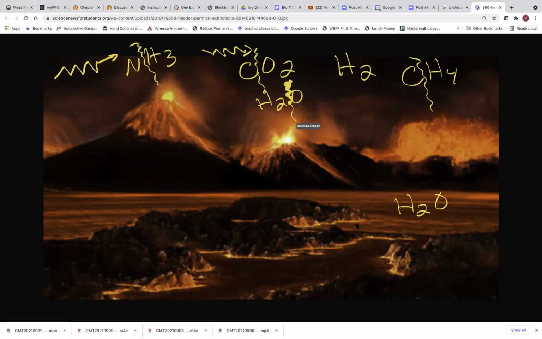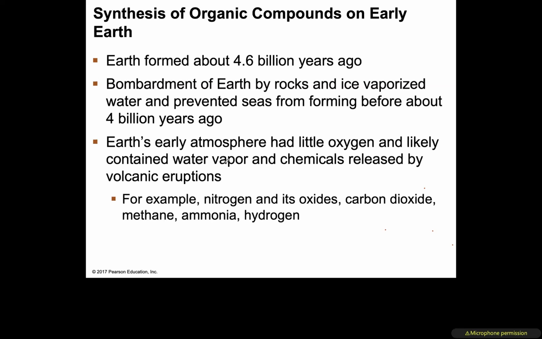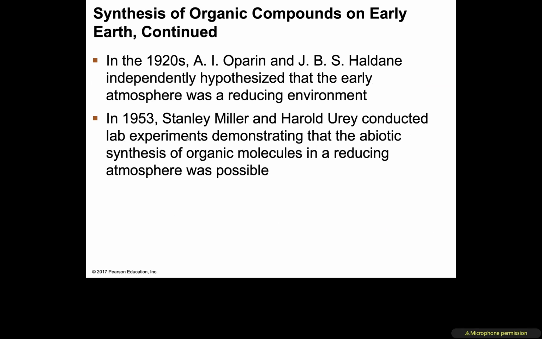And so by breaking those bonds, when the earth began to cool, those atoms found new bonding partners. So let's go back to our PowerPoint. So those atoms found new bonding partners.